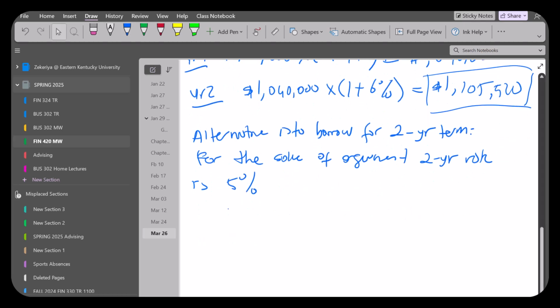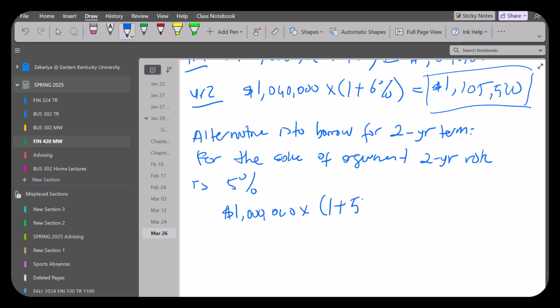That means it's going to cost me 1 million bucks times 1 plus 5%, but squared. Why? Because I'm going to pay interest on it for 2 years.